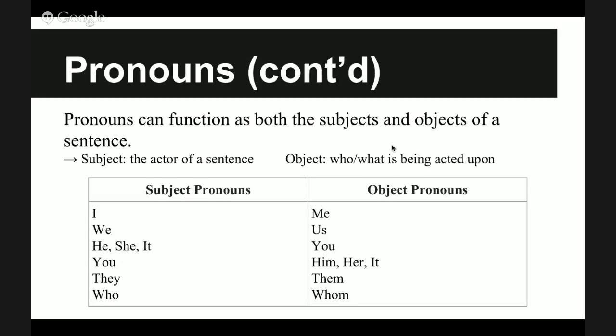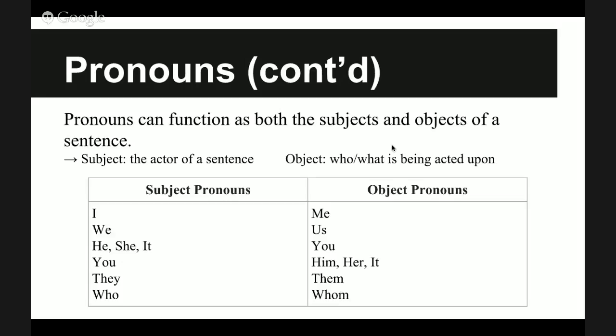So me, us, him, her, them, and whom can only be used as objects. If you tried to use one of those pronouns as a subject, it would sound awfully foolish. So once again, make sure that you get this column in your notes and that you're able to distinguish between subject pronouns and object pronouns.